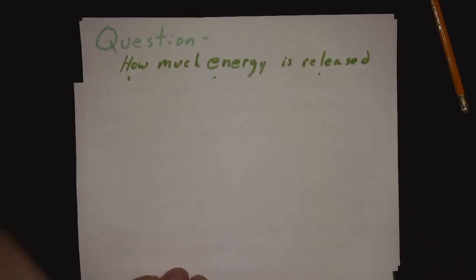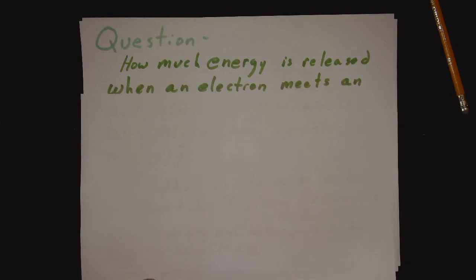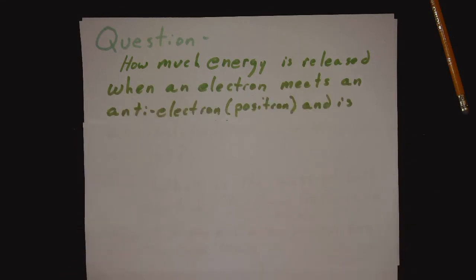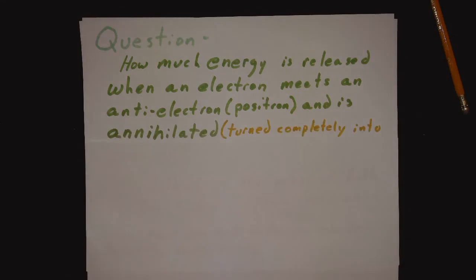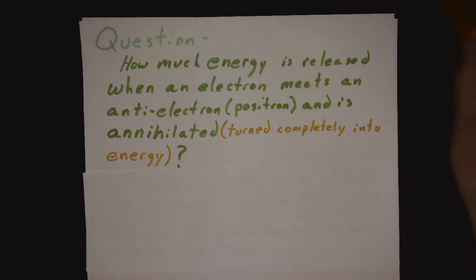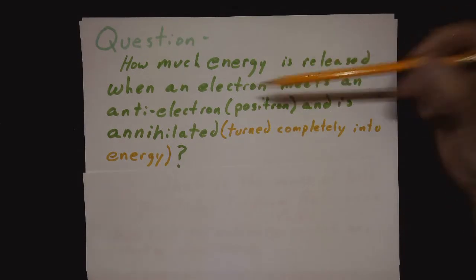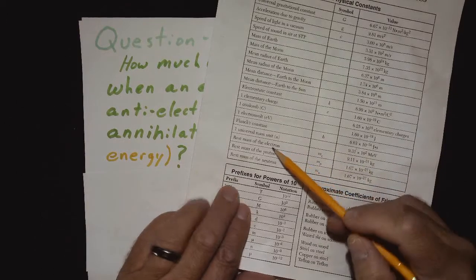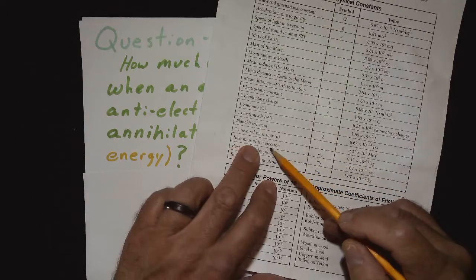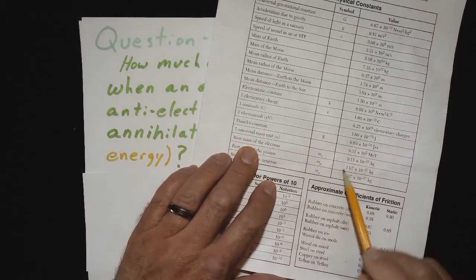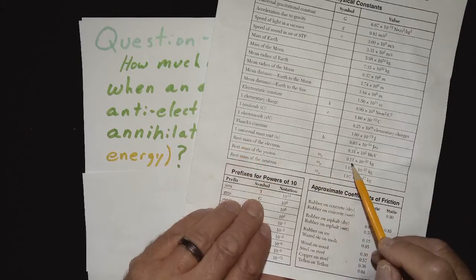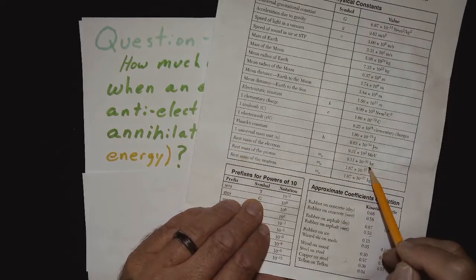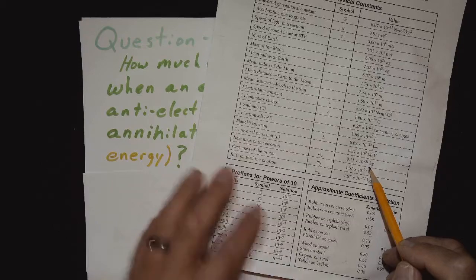So, question. How much energy is released when an electron meets an anti-electron, known as a positron, and is annihilated? That means turned completely into energy. Well, we're going to need to know the mass of the electron. Right here, the rest mass of the electron is 9.11 times 10 to the minus 31 kilograms.